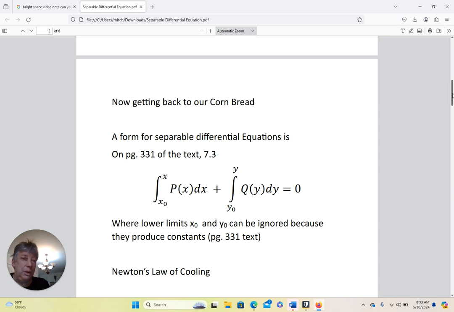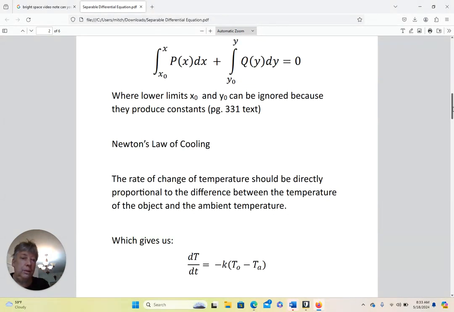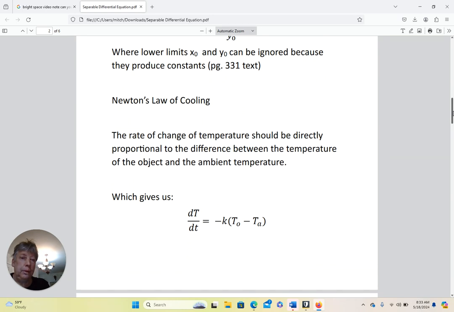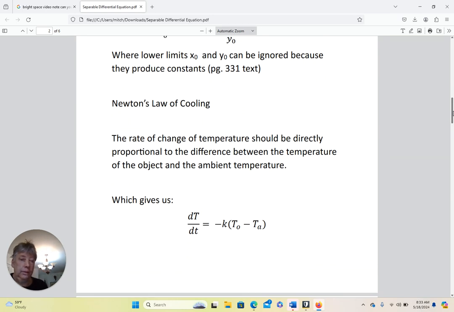In dealing with cornbread, we want to think about what Newton's law of cooling really says. It says there's going to be a change in the temperature over time, and that's directly proportional to the object temperature minus the ambient temperature.